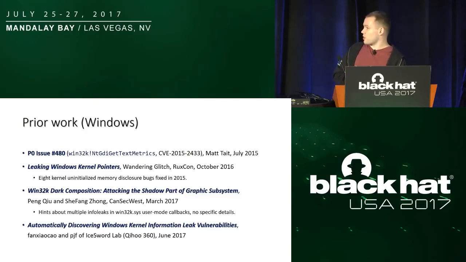And we have two more. We have a presentation from this year from Consequest, which doesn't really concern this subject, but mentions that there are some leaks in Win32k user mode callbacks. And we have this work from just last month from two researchers, which also collided with my research and tried to find some info leak bugs in the Windows kernel automatically.